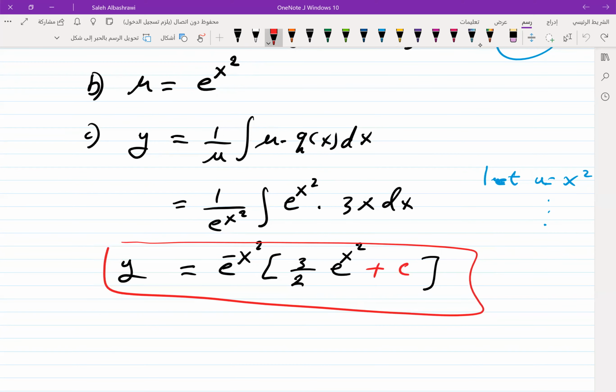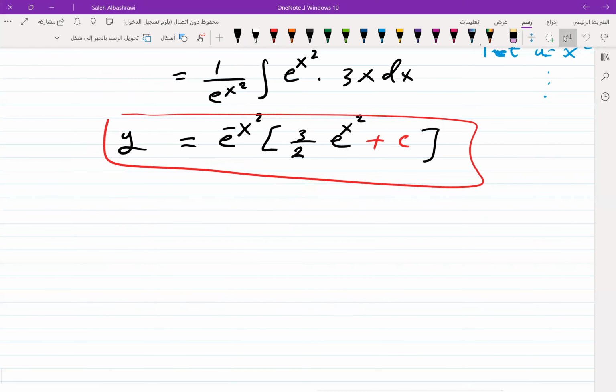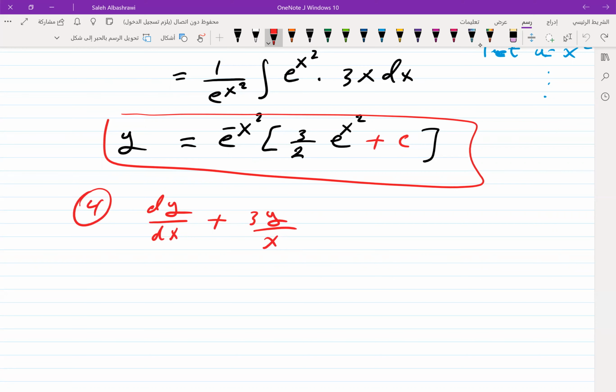Take one more. Number 4. dy by dx plus 3y divided by x equal to e to power x divided by x to power 3.